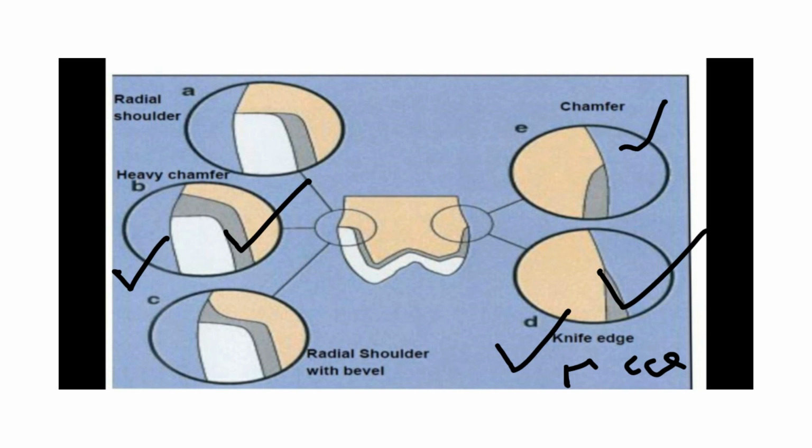I have heard a lot of people are confused about why we use chamfer for metal and shoulder for porcelain. I will explain to you. When we prepare a chamfer, this is chamfer, as we go down you can see the width of the crown which we are going to place is reducing, right?